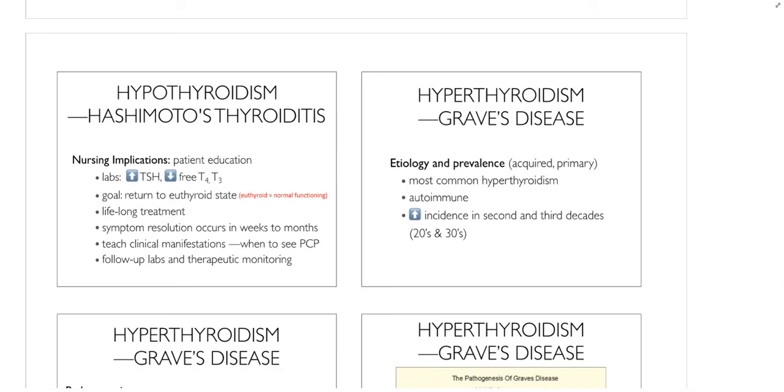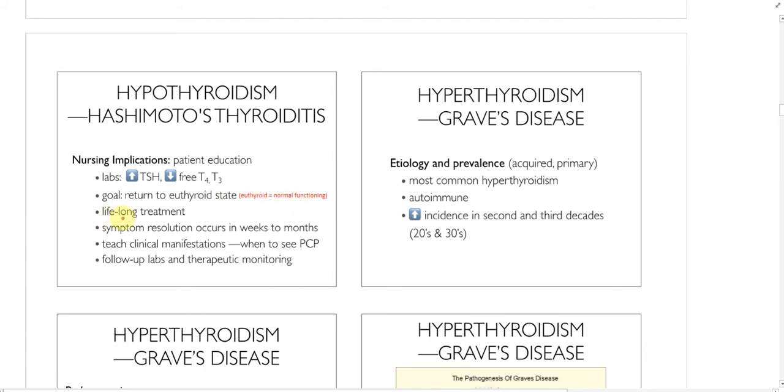So for us, we're going to be checking TSH, which should be elevated because it's not getting the negative feedback loop telling it, hey, knock it off. There may be, or there will be, a decrease in free floating T3 and T4, and our goal is to return the patient to a euthyroid state, meaning normal functioning thyroid.